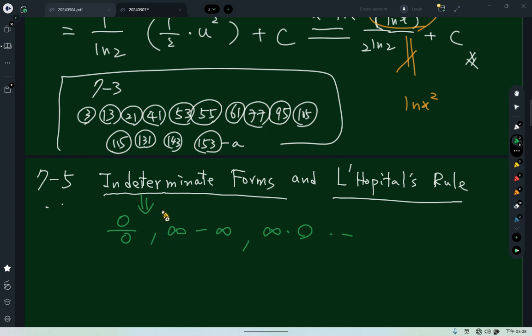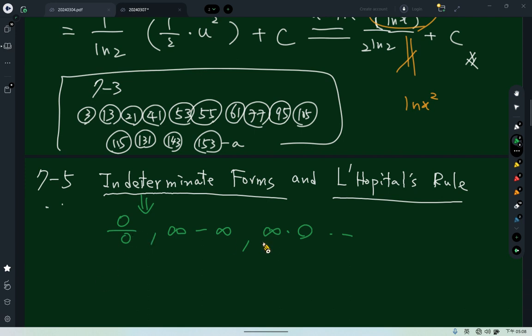So why do we call it indeterminate form? Because if we encounter 0 over 0, the result is hard to say. We cannot conclude it immediately. We need some calculation to find the right result.